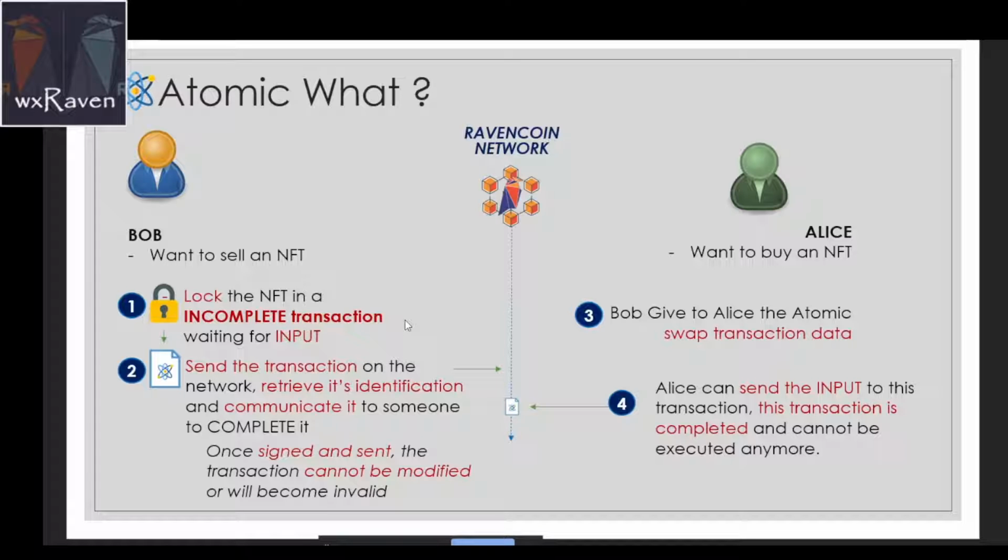Usually when you have to do a big deal like buying a car or anything, you will have to rely on a third party, which makes sure that the transaction is done well on both sides, and everybody respects their part of the contract. Atomic swap is trying to solve this without having to use a third-party person.